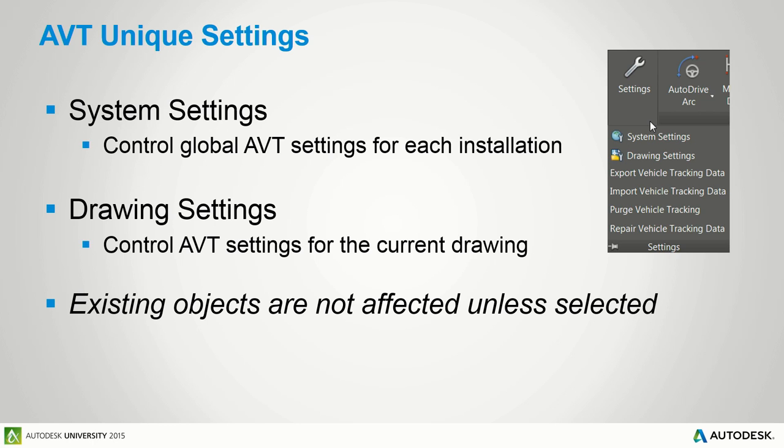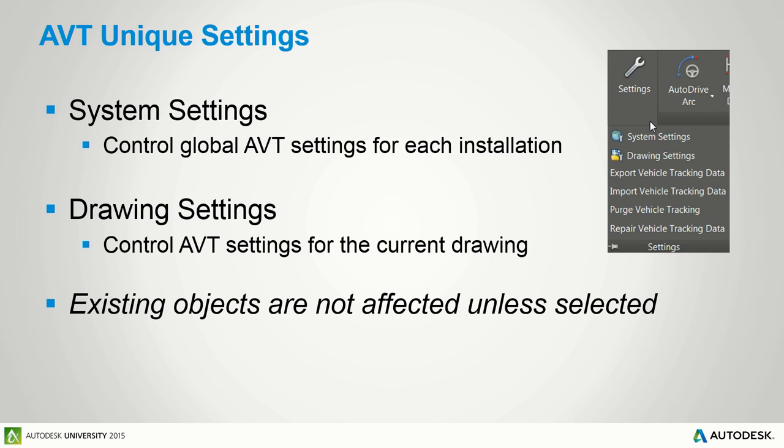But what I want to stress is that it is really important to understand these settings while working, because sometimes you are doing something and wonder what's going on, is it in the correct layer, and stuff like this. Everything is set in these settings, and mostly you will be using, I believe, the drawing settings.